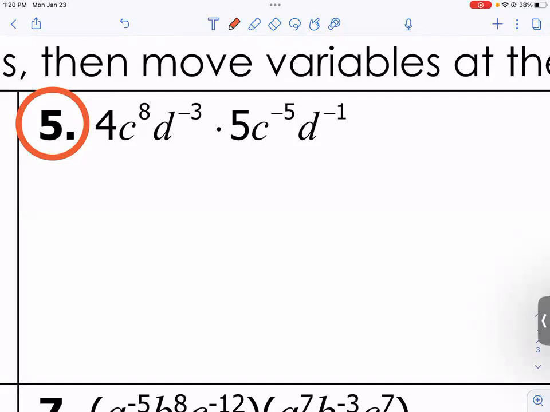Who else is a 6? Preston, you're gonna be a 6. Holden, go be a 6.